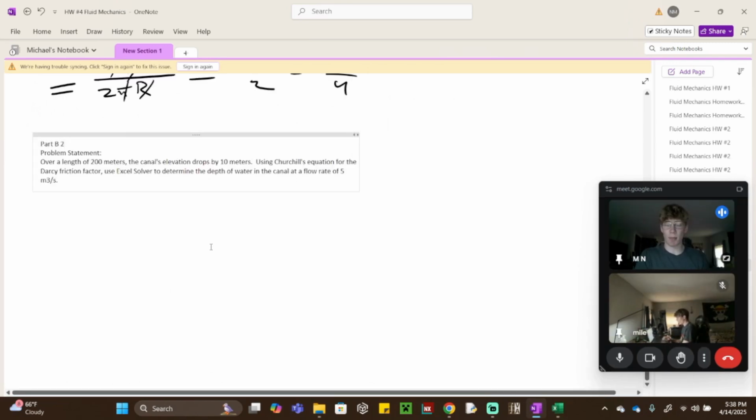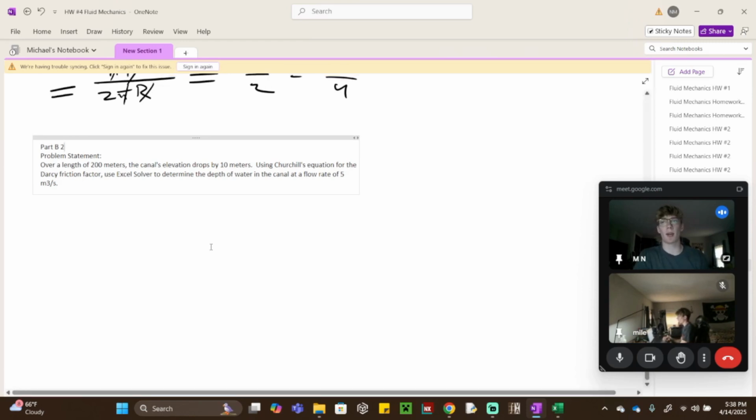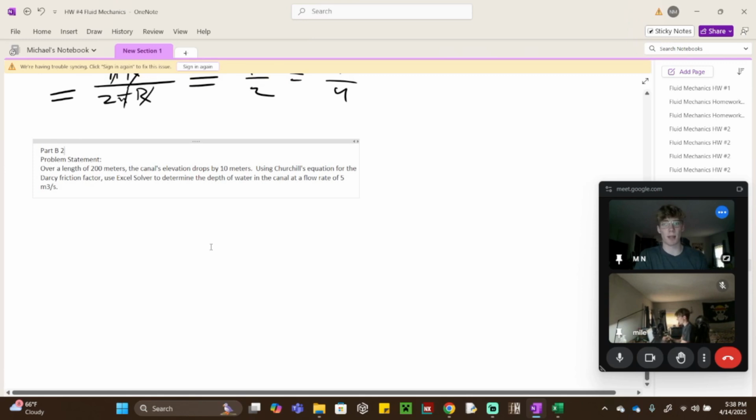All right, part B, part 2 of homework number 4 is asking: over a length of 200 meters, the canal's elevation drops by 10 meters. Using Churchill's equation for the Darcy friction factor, use Excel Solver to determine the depth of water in the canal at a flow rate of 5 meters cubed per second.